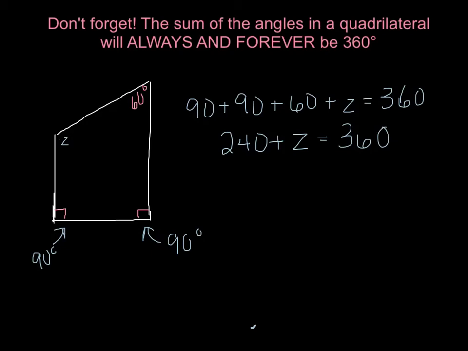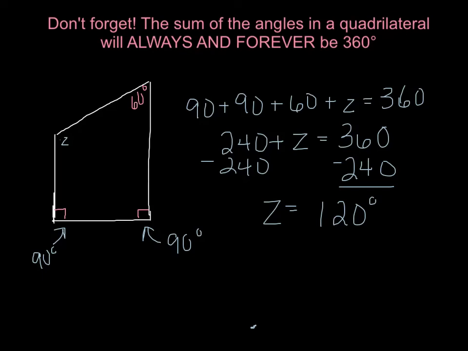And I could find what Z equals by subtracting 240. And 360 minus 240 is 120 degrees.